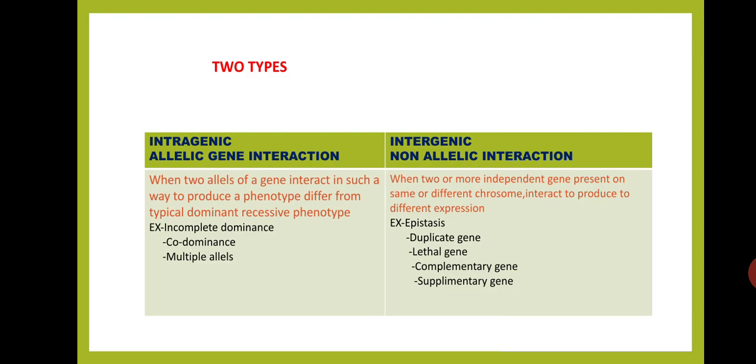Then the second type, intergenic or non-allelic interaction, is when two or more independent genes present on the same or different chromosomes interact to produce different expressions. The examples are epistasis, duplicate gene, lethal gene, complementary gene, and supplementary gene.